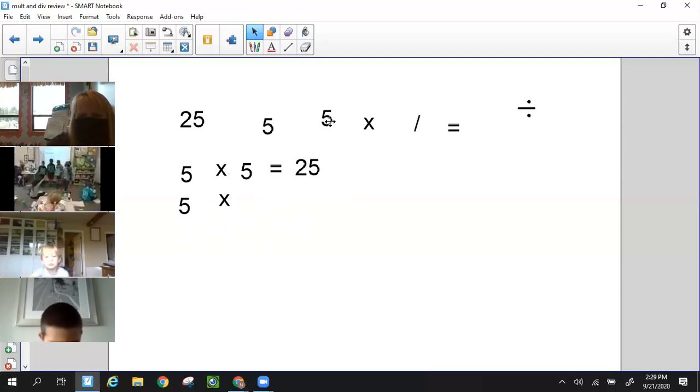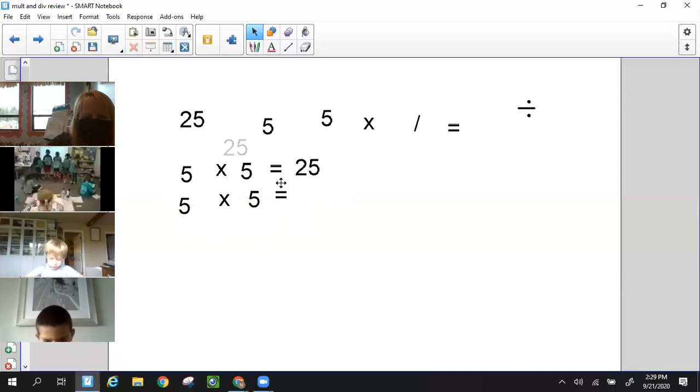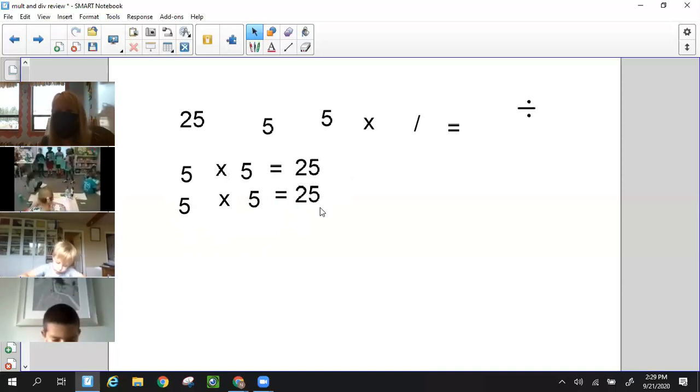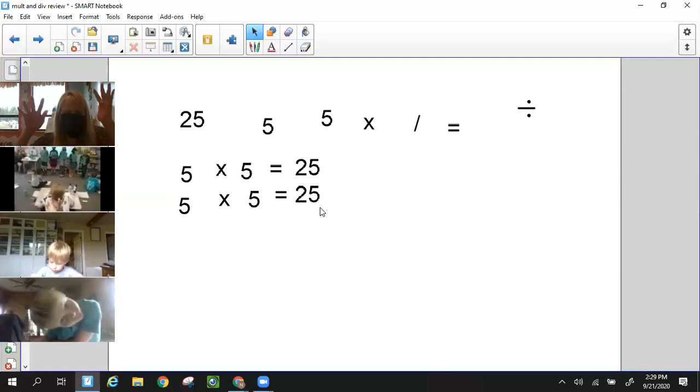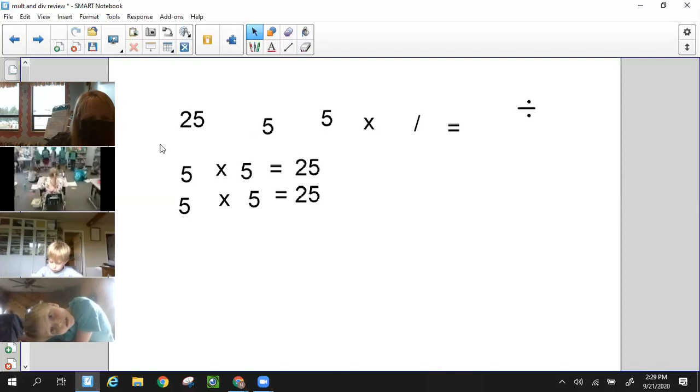Commutative property, it's still gonna be what? The same. So wait, but you weren't ready for division quite yet, Josh. So what is it? 5? Uh-oh, 25 wouldn't be in the front. The product is the big number, right? There we go. Yay.